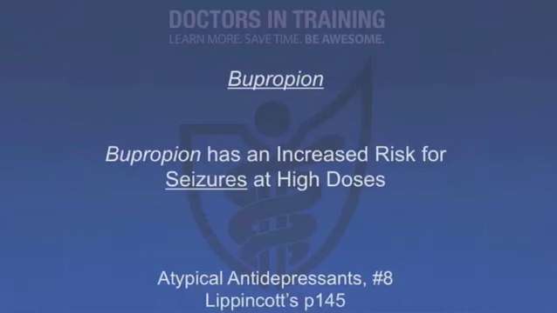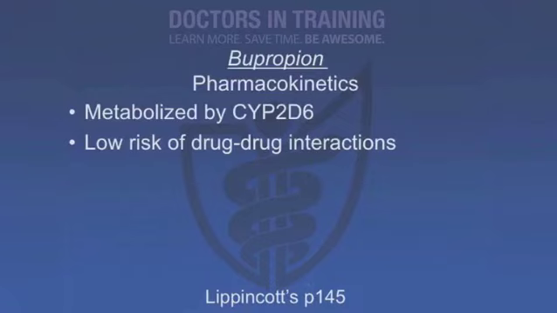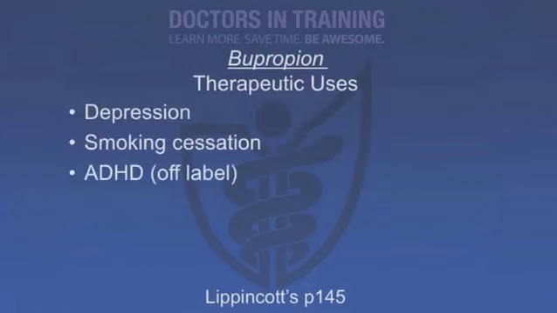Bupropion also has an increased risk for seizures at high doses, so it's important to ask about seizure history of your patient. Bupropion is metabolized by cytochrome P450-2D6 and is considered to have a relatively low risk for drug-drug interactions. In clinic, we use bupropion for depression, smoking cessation, and it's also used off-label for ADHD.